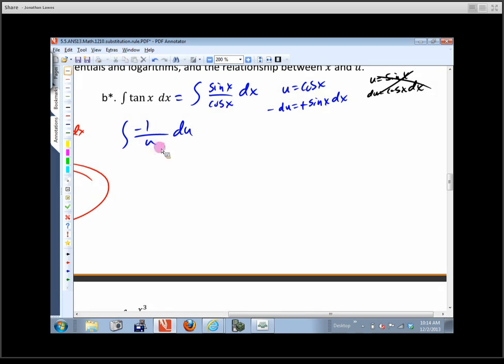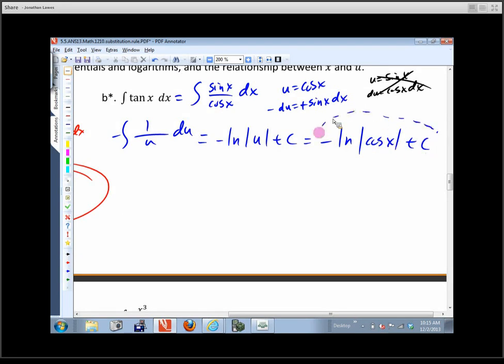So that's what I've got. And I can certainly slide that negative out front also. And then it looks really familiar. What's the antiderivative? ln. So I'm going to have a negative ln absolute value of u plus c. And then I just need to reverse the substitution, so I end up with this, negative ln absolute value of cosine x plus c. Okay.